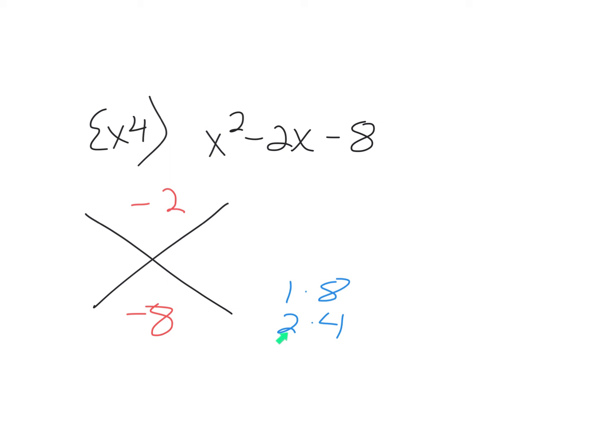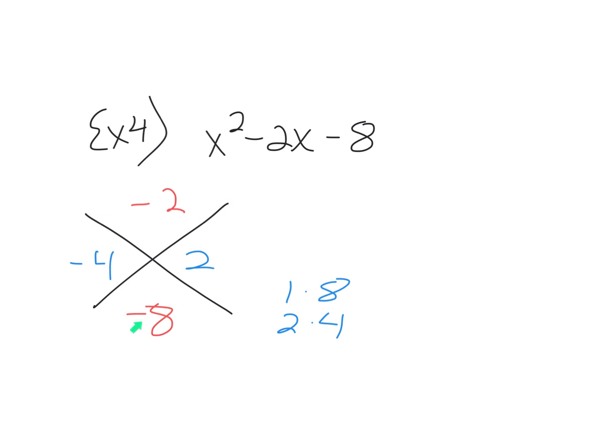So we're going to need to be using 2 and 4. We can combine 2 and 4 to get a negative 2. It's actually going to be 2 minus 4, or negative 4 plus 2. We'll write it as negative 4 plus 2.